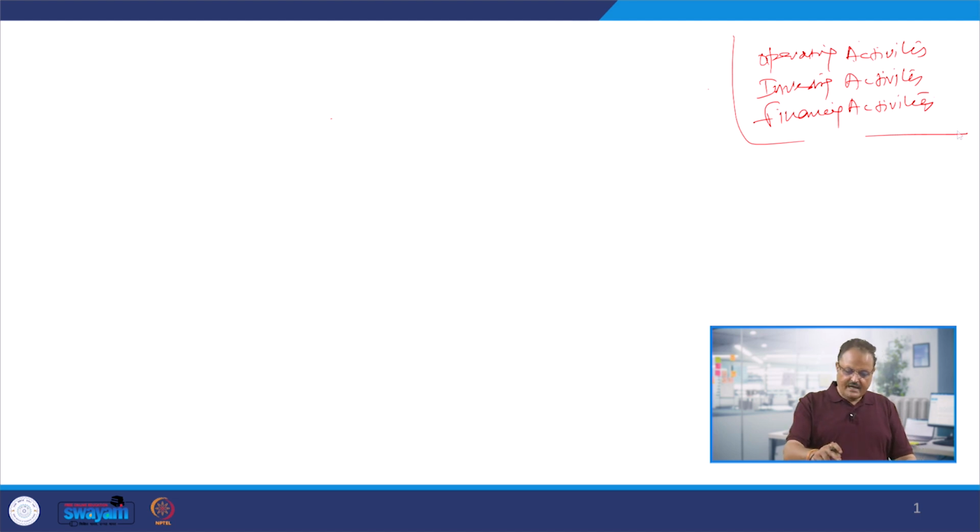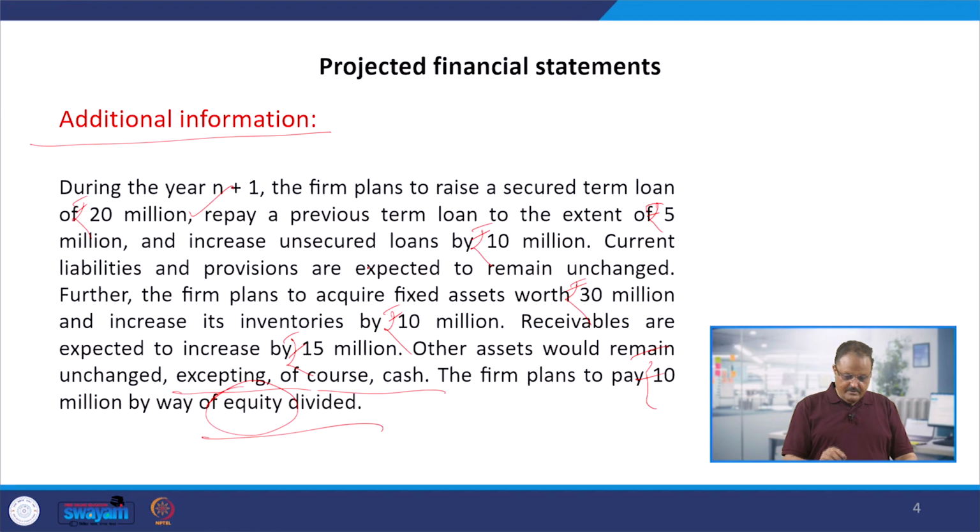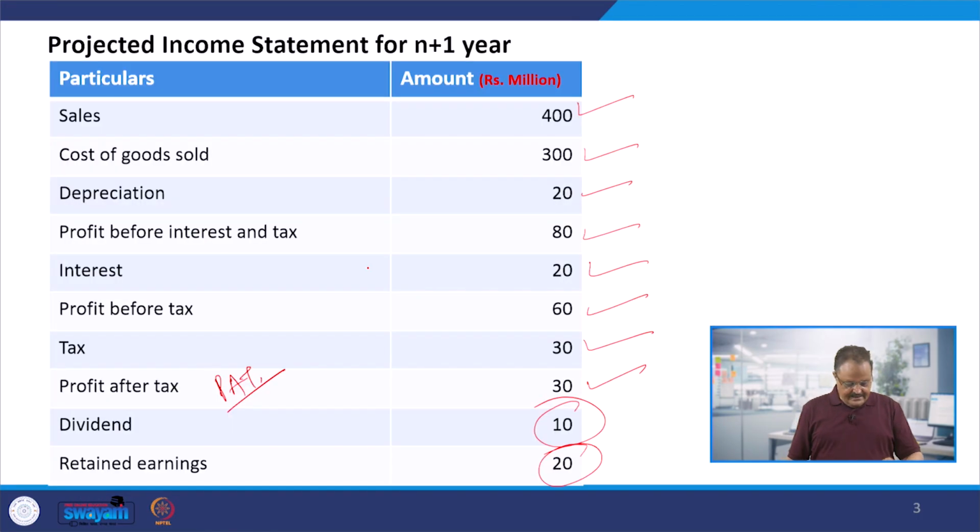Because if you go to the profitability position of the firm, you can find out here that the retained earnings are 20, but the total profits are 30 million rupees. We are projecting a total profit after tax of 30 million rupees. So, is this 30 million rupees profit in cash, or is it both cash plus credit?